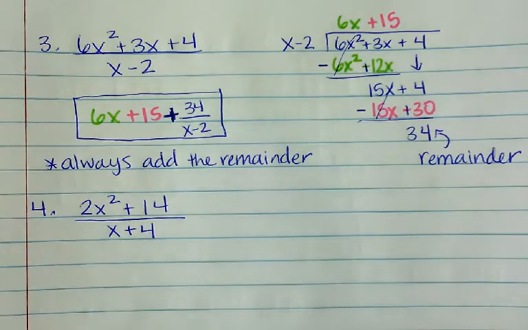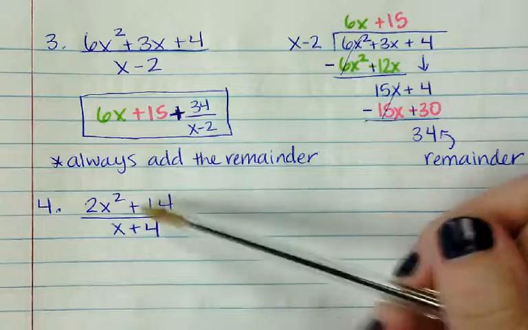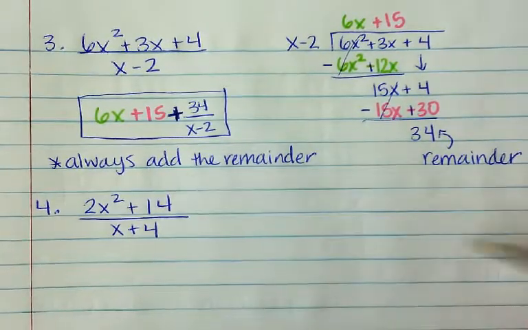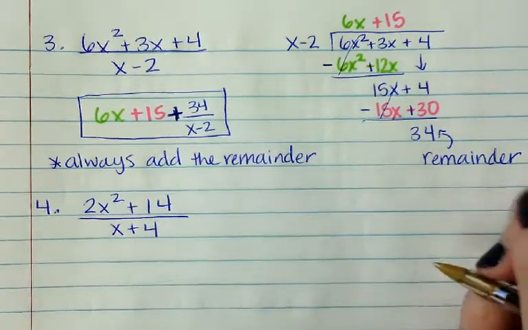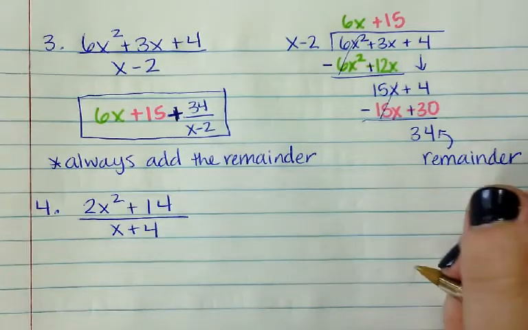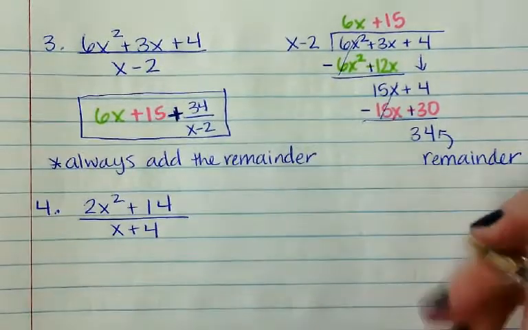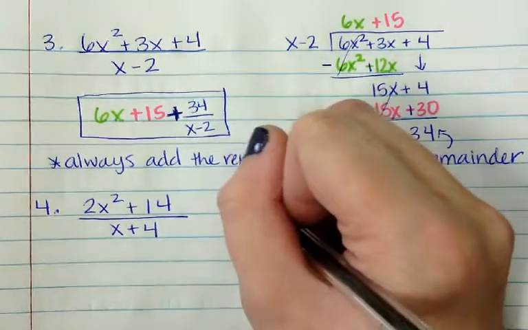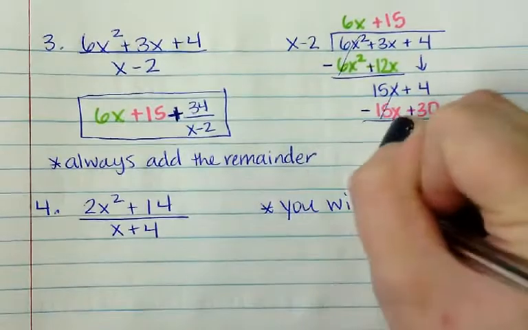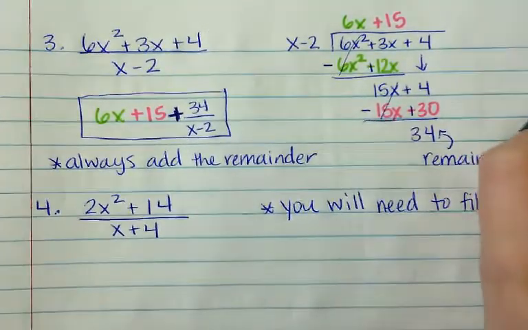So guys, when you have this type of problem, what you want to do is you will always need to add or fill in a 0 for each missing term. So, you will need to fill in a 0 for each missing term.